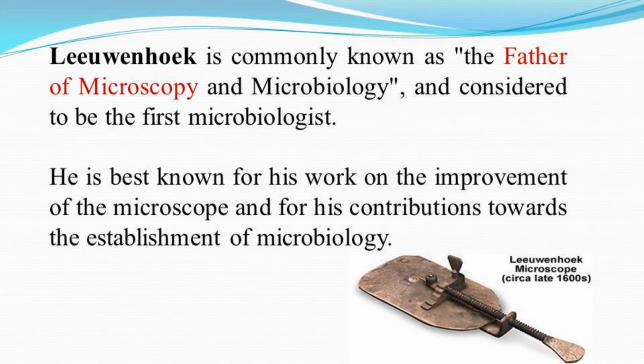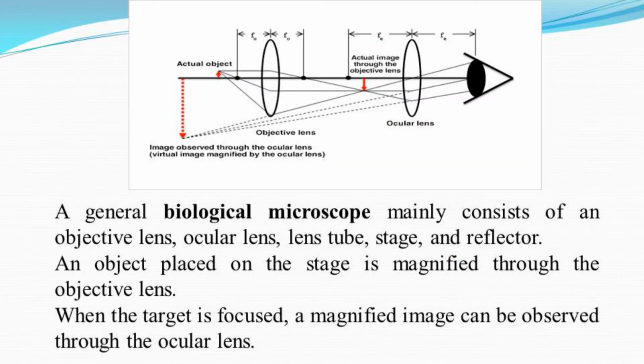He also made over 500 microscopes to view specific objects. He is best known for his work on the improvement of the microscope and for his contributions towards the establishment of microbiology. Let us now see how a microscope works.